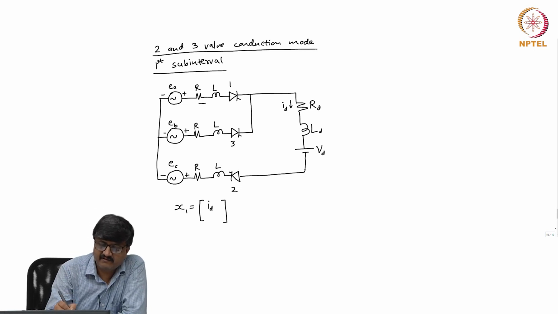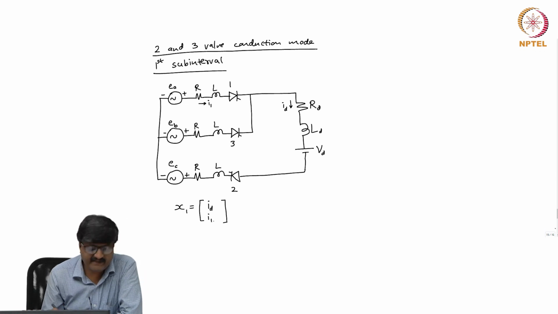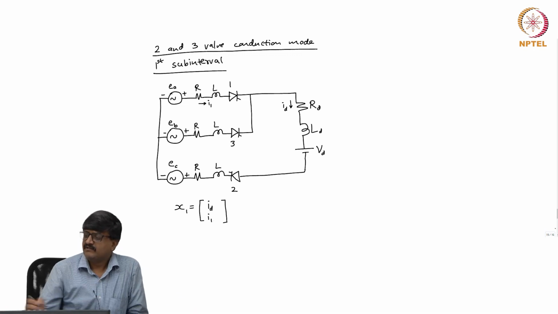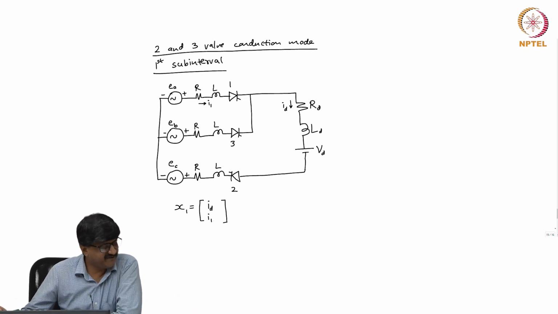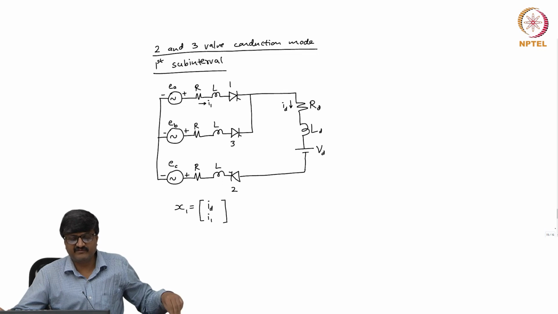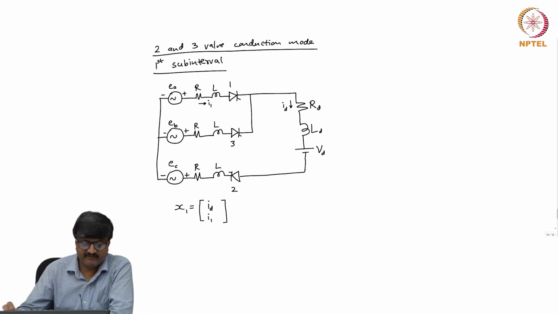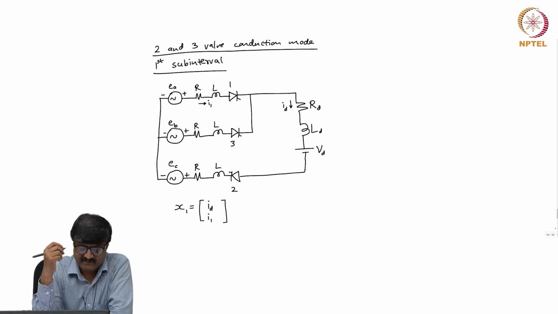Valve 1 is the outgoing valve, so the current is I1. So, ID and I1 are the elements of x1. Let us try to write the equations for the circuit by applying Kirchhoff's voltage law, and once we bring it to the standard form we can get A1 and U1.